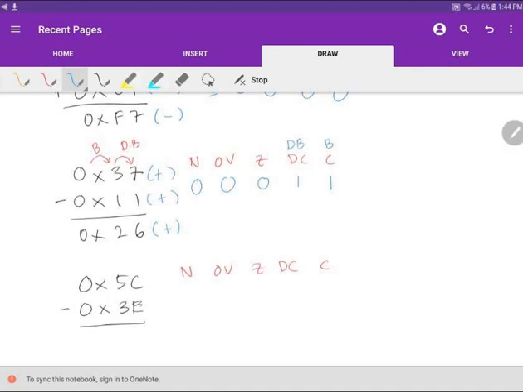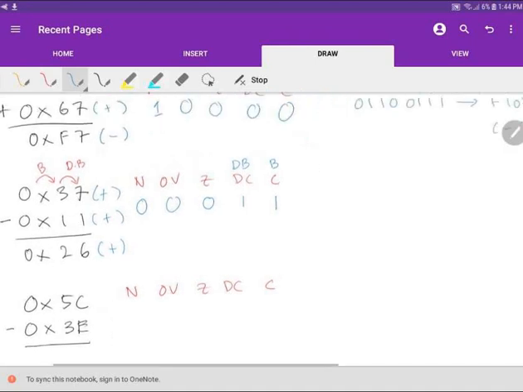The reason why the polarity is reversed is because, as I mentioned earlier, in reality all the subtractions are done as addition. So if you look at this, this is 37, which is 0011 0111, and we have the negative 11, right?